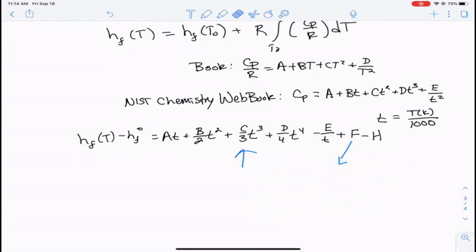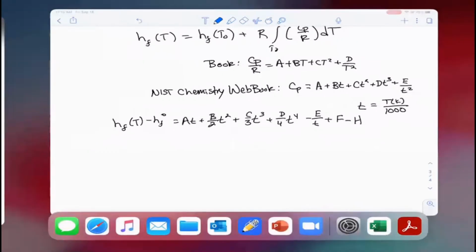So if you're going to use the NIST chemistry webbook, don't worry about that. And then H here is almost always just equal to this number, the standard heat of formation. But there are times where you're taking the temperature range into consideration where they fit Cp over R, and they have to correct for that, so you don't end up getting the standard heat of formation at the end.